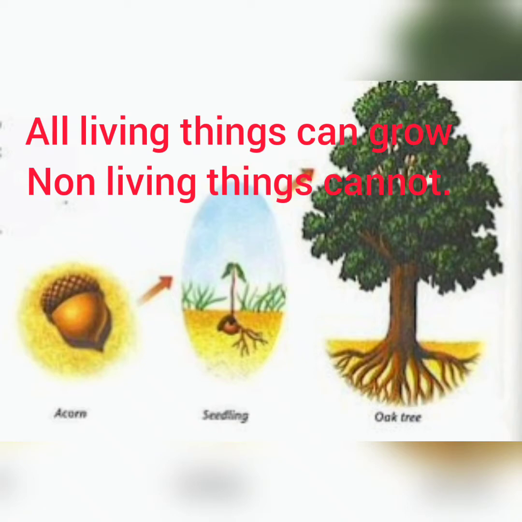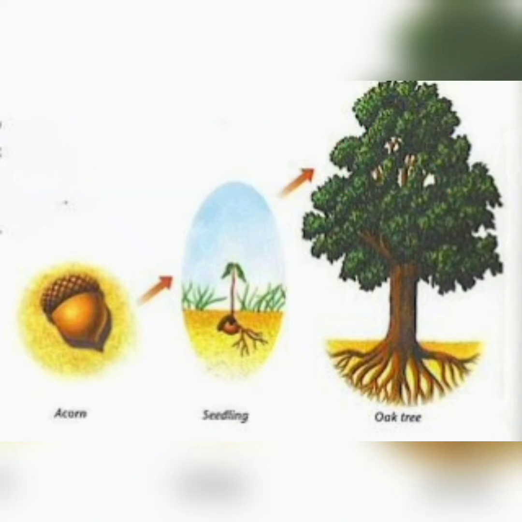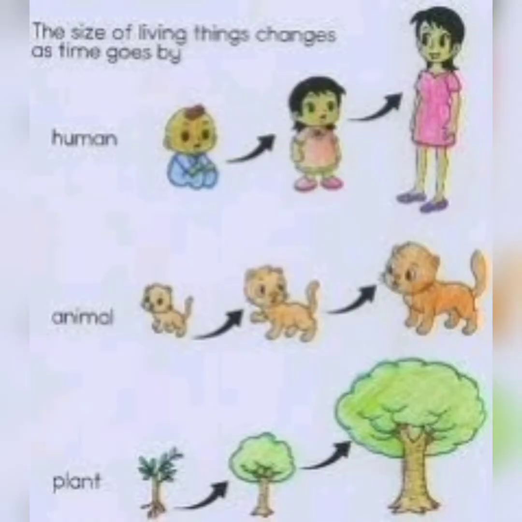All living things can grow during their lifetime, whether it is an increase in size or a change in shape. There are little changes that take place in their features. The height and weight of living things also increase as they grow. Living things grow with time.